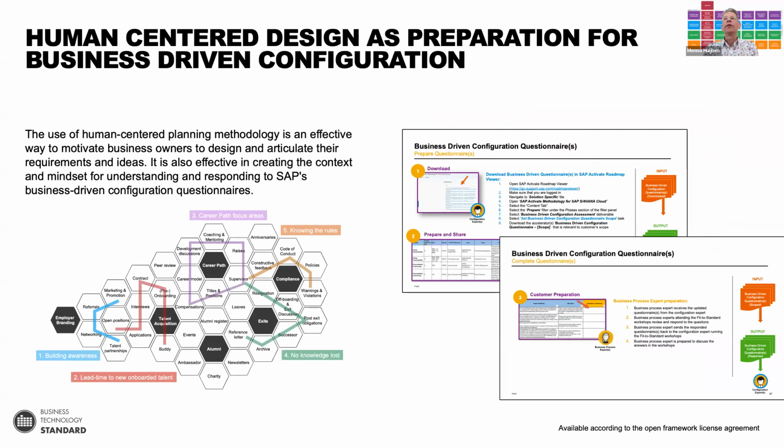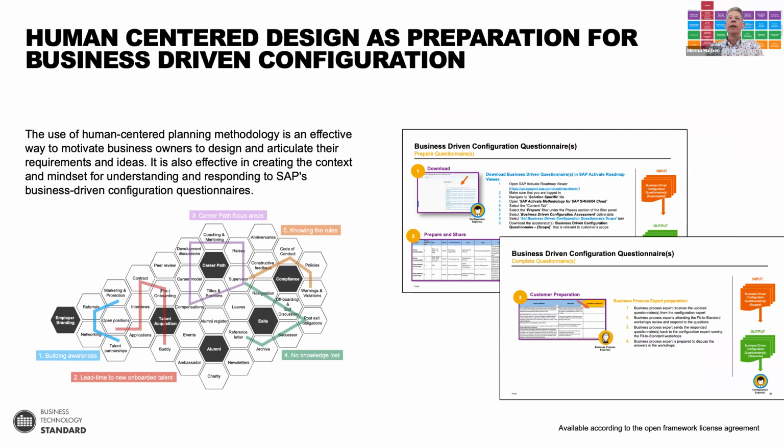The last example is that, for example, SAP is also providing quite standardized ways of collecting requirements. So very nice. They have some kind of business-driven configuration questionnaires. So just fill in the questionnaire and the system is more or less created automatically.